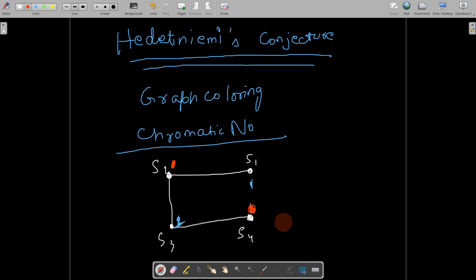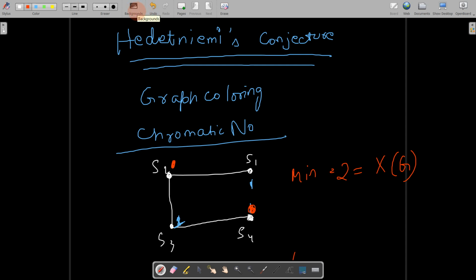S2 and S4 will be conducted on the same day and time, and S1 and S3 will be conducted on the same day and time. Blue colored ones share one time slot and red colored ones share another. The minimum we require is 2 time slots, which is nothing but the chromatic number of the graph G. So we have recapped what chromatic number is.